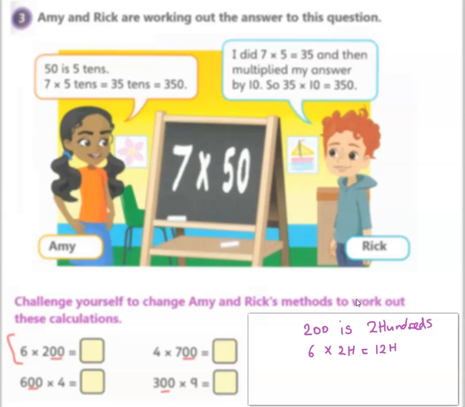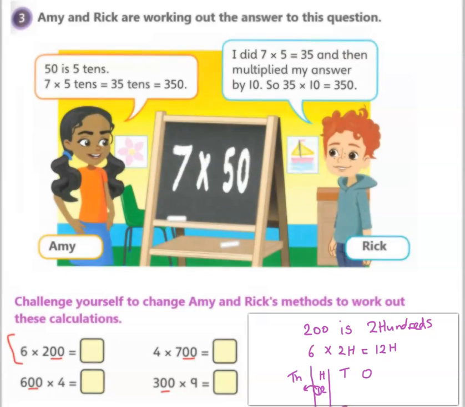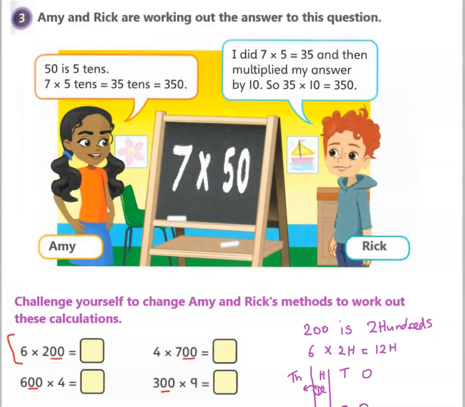Now we just need to think about our place value. What is 12 hundreds? Well, ones, tens, hundreds, thousands. Can we put 12 into the hundreds place value? No. So 10 of those hundreds are going to have to go across into the thousands. So 12 hundreds become 1,200.